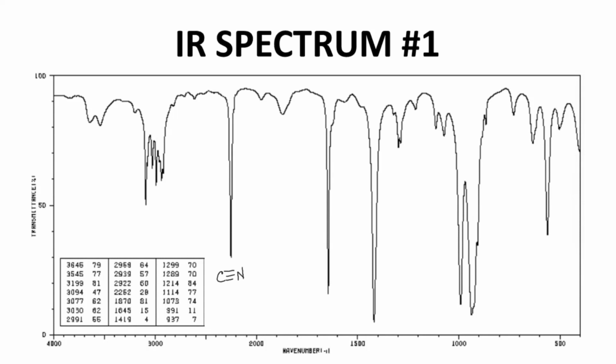What else? The peak at 1645 is interesting. 1640 is the standard value of an alkene. So this compound likely has an alkene. Note that the CH stretch region has some peaks just over 3000.